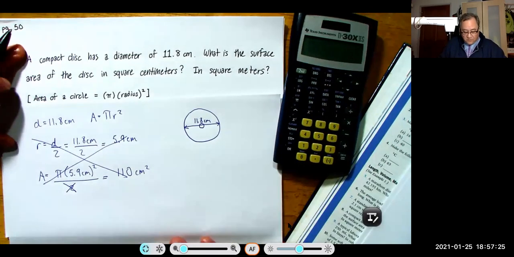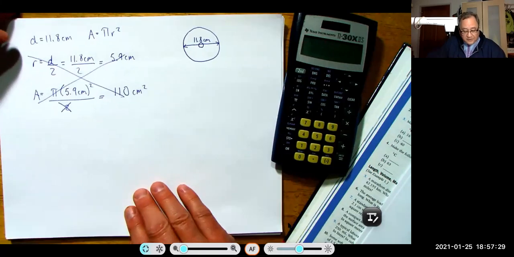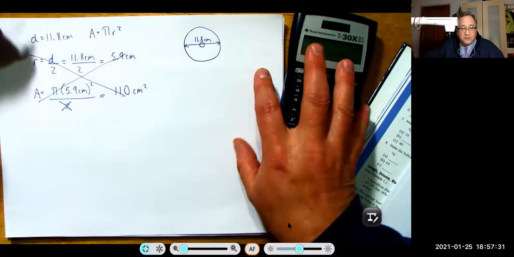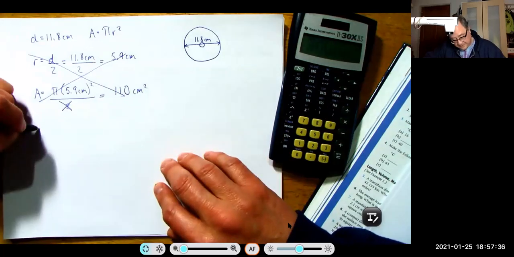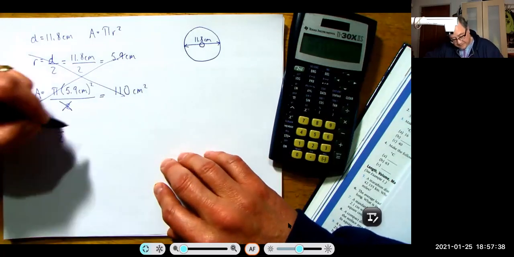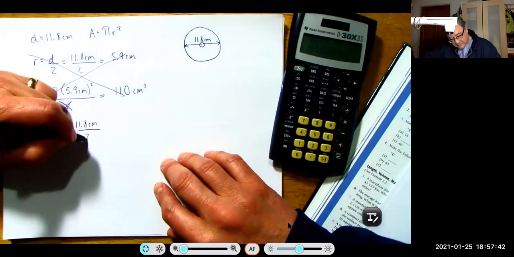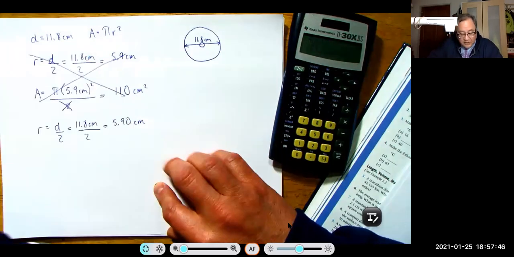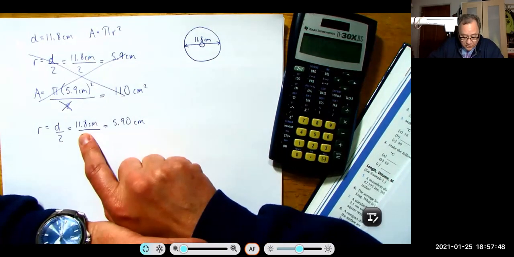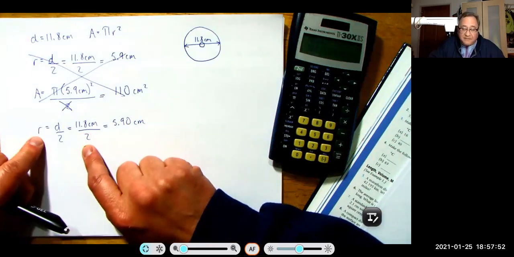Okay, so the reason what I showed you is wrong is because we didn't follow significant figure rules. So let's do it correctly. So 11.8 has 3 significant figures. 2 is exact because the radius is defined as being half the diameter.